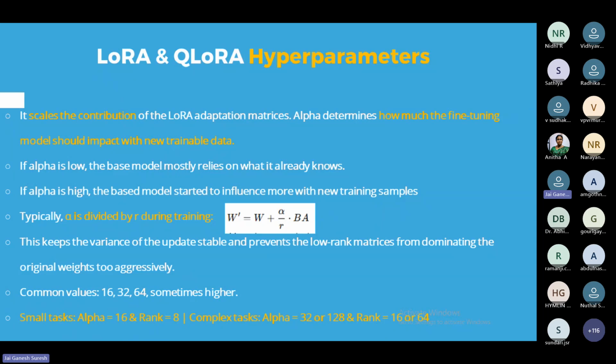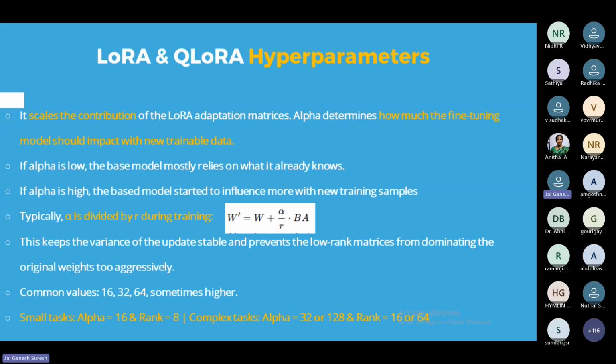So I can show you some examples so that you will have a better understanding of how the actual equation looks. This is how the equation looks. W dash, the new weights, is equal to the frozen model weights plus alpha divided by r, where alpha is the scale value and r is the rank, times B and A, the decomposed matrices.